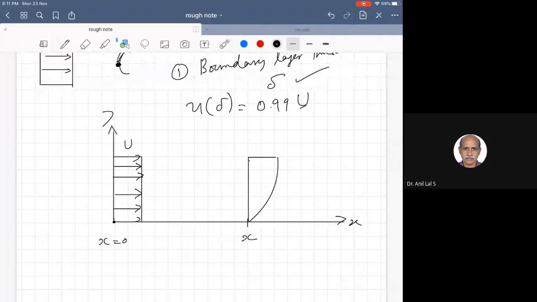This is the edge of the boundary layer. So within the boundary layer, the velocity varies as a function u of y.